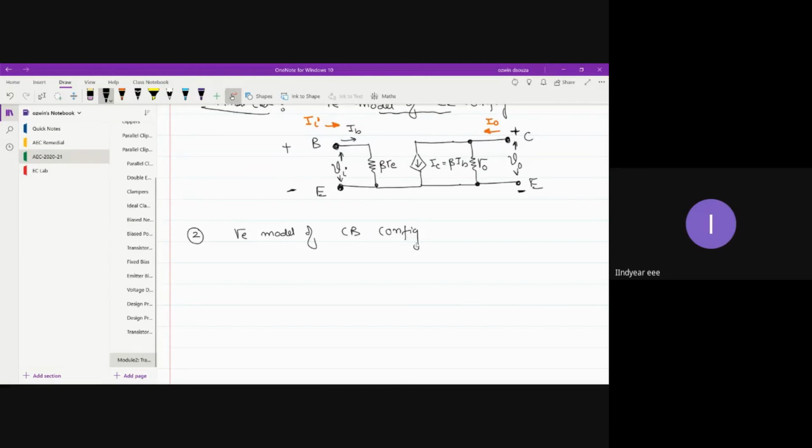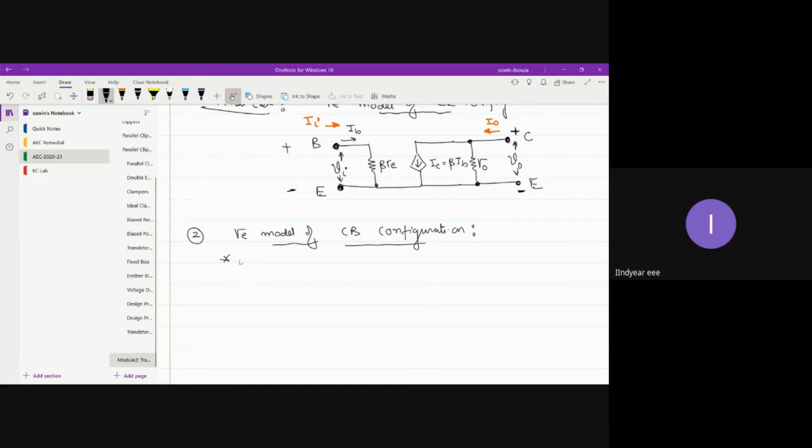Next up we have the RE model of common base configuration. This is very simple, much simpler than common emitter configuration. In the previous case, I had considered NPN transistor.